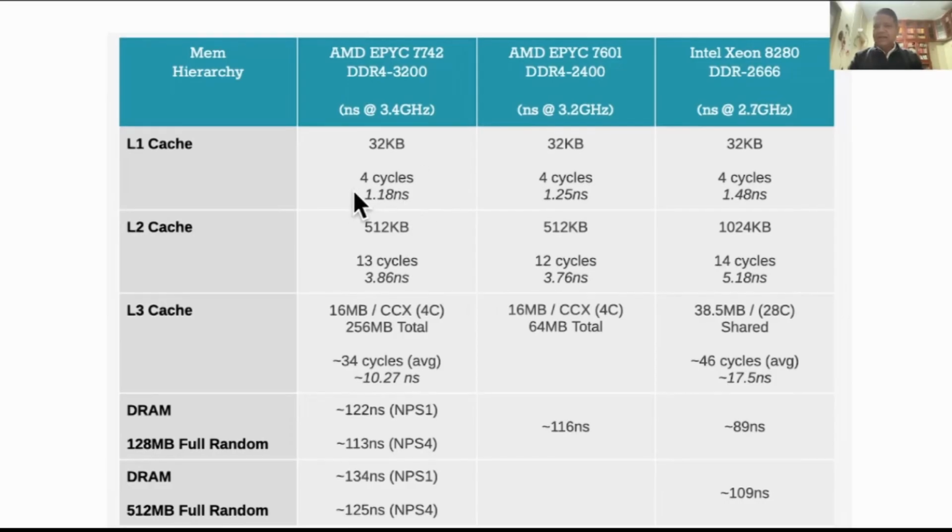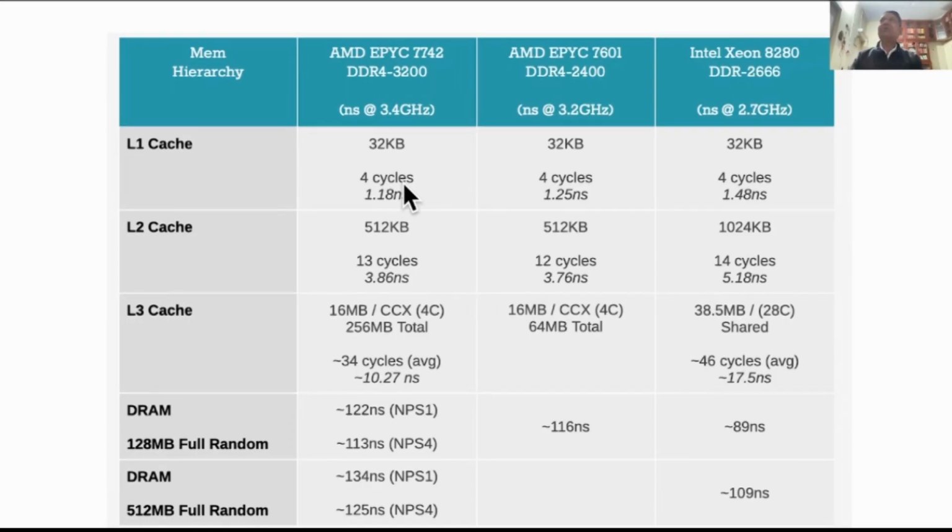L1 cache: this cache is sitting close to the CPU, meaning the processors, so the CPU can access data in nanoseconds. 4 cycles. It will require 4 cycles to transfer data from L1 cache to CPU.